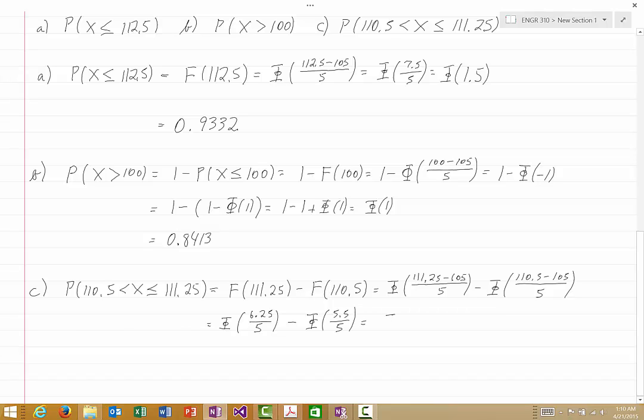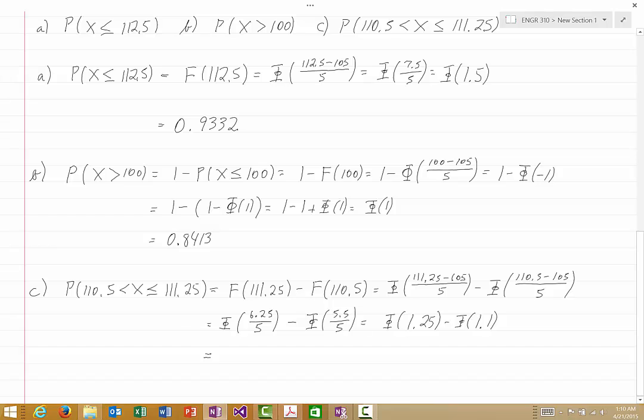And so this is the same thing as phi of 1.25 minus phi of 1.1.